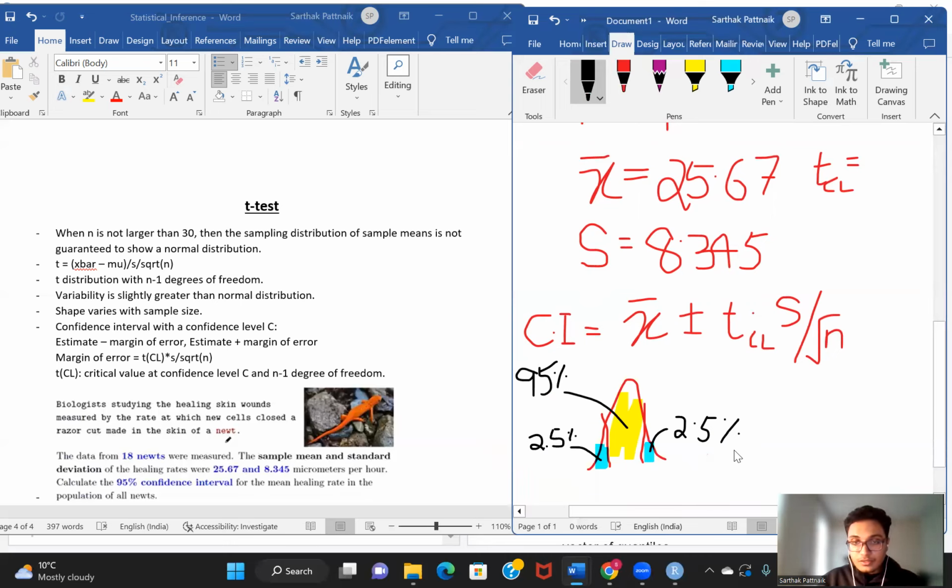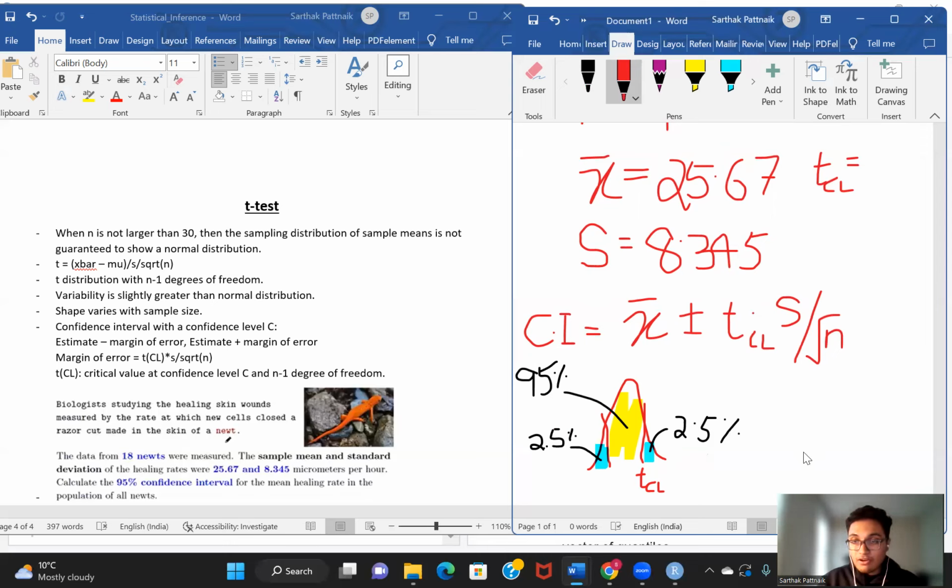Okay. Now we need to calculate the critical t value. This one. So what will be the critical t value? We know the area towards the left of this critical t value. It is 95% plus 2.5%.